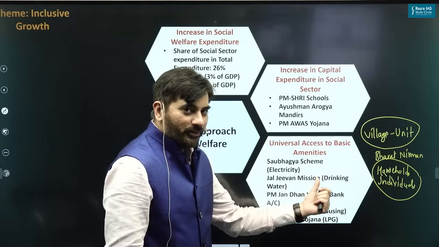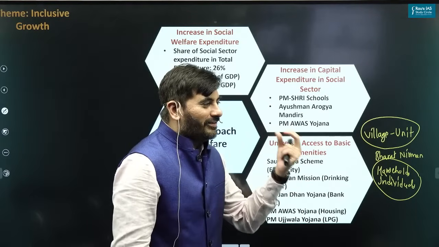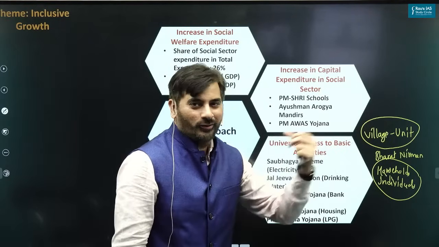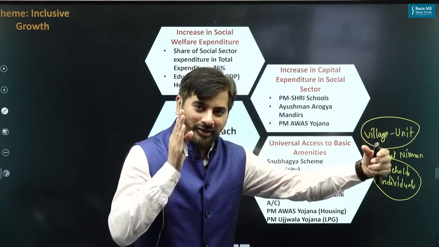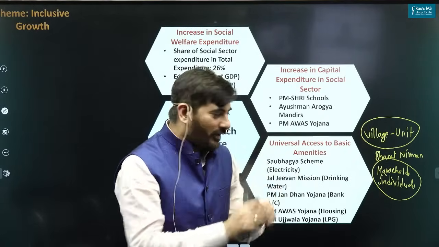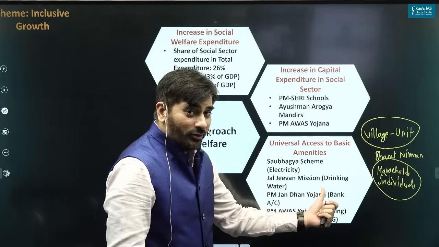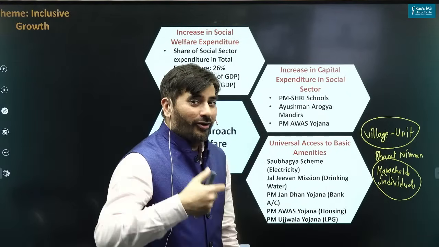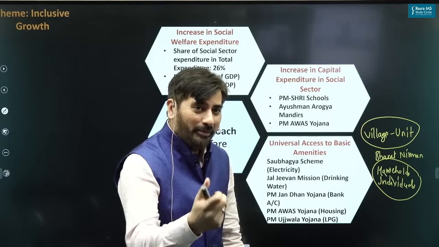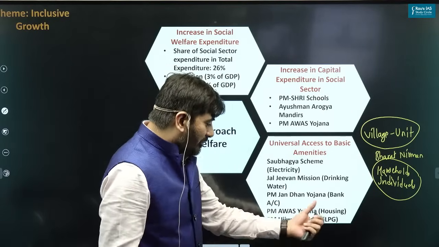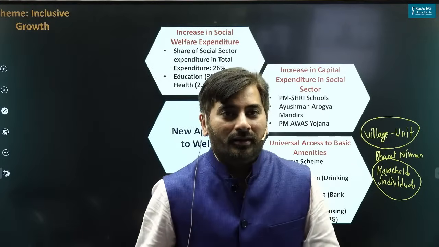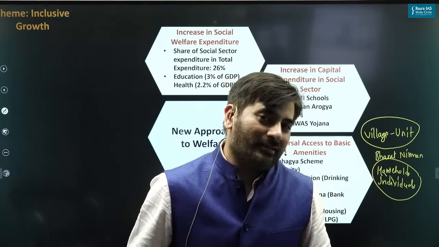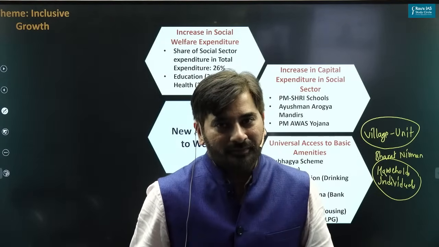Jal Jeevan Mission focuses on providing drinking water supply to all the households. It is like Har Ghar Nal. So rather than focusing on village, we are focusing on the households now. Pradhan Mantri Jan Dhan Yojana, which is to ensure that all the individuals should at least have a bank account. Pradhan Mantri Awas Yojana and Pradhan Mantri Ujjwala Yojana. This is what is universal access to basic services.